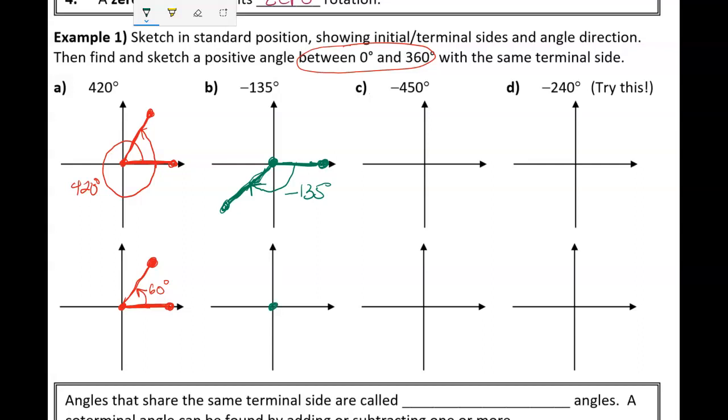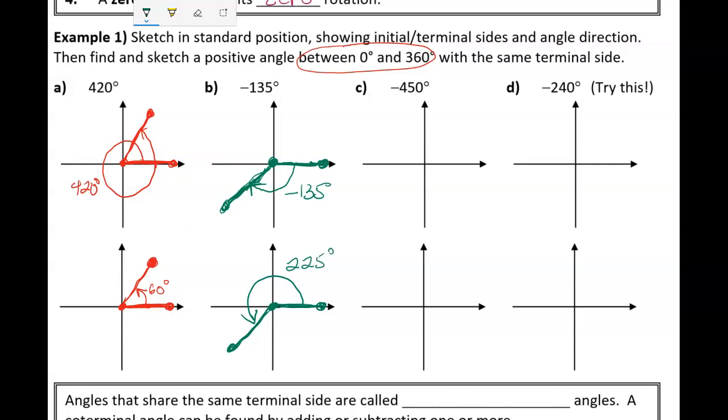Now we want to create an angle that has the exact same initial side and terminal side, but with a positive rotation between 0 and 360 degrees, and you're going to recognize that one as 225 degrees.